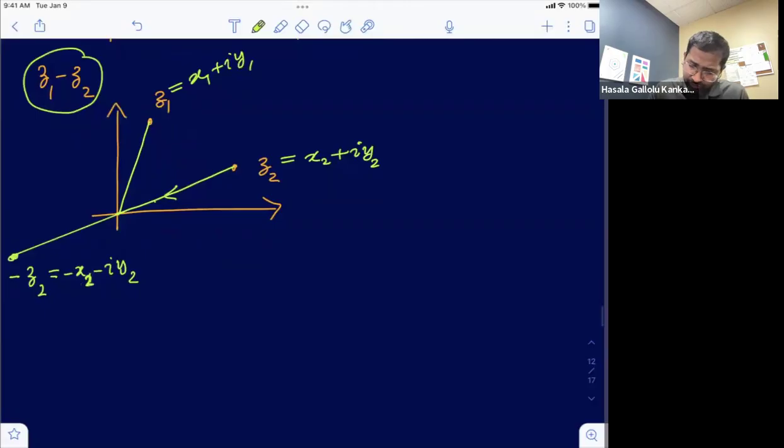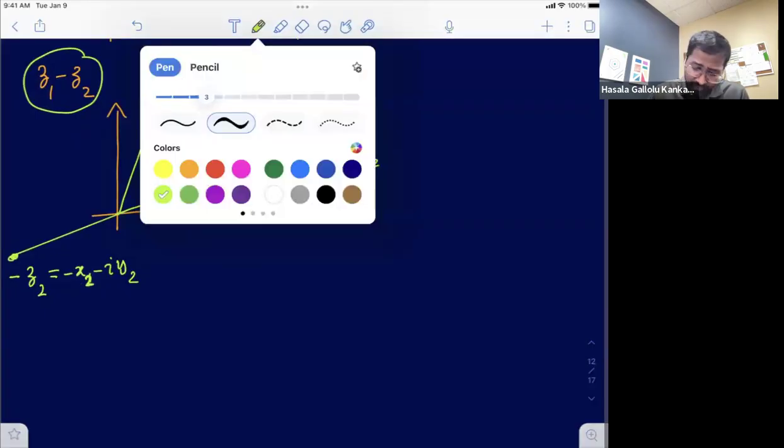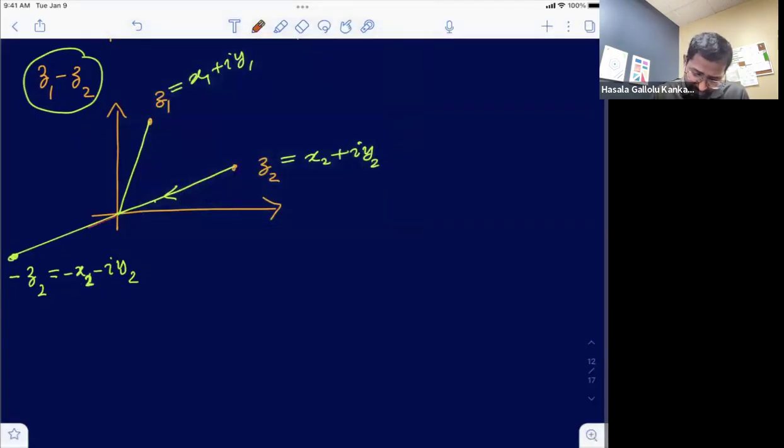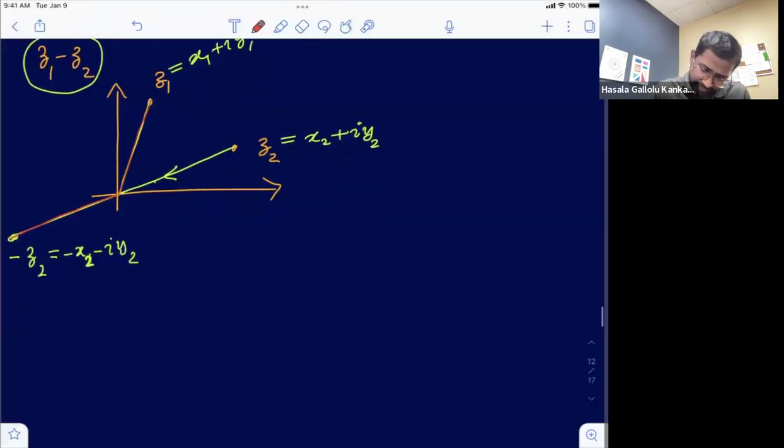Now we are going to use the parallelogram or the triangle principle just on these two numbers. So when you do that, you can recognize it's going to be exactly this.